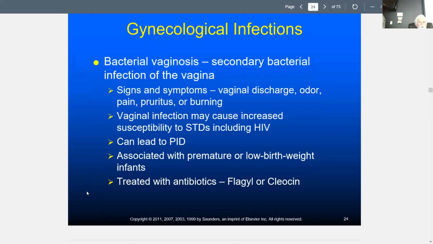We've got bacterial infections as well, and pain, which can come from a lot of different things, but it makes women more susceptible to STDs and can lead to pelvic inflammatory disease and problems in pregnancies. For treatment, we've got the two antibiotics listed, Flagyl and Cleocin, two nasty players. You really don't want to have to take those.